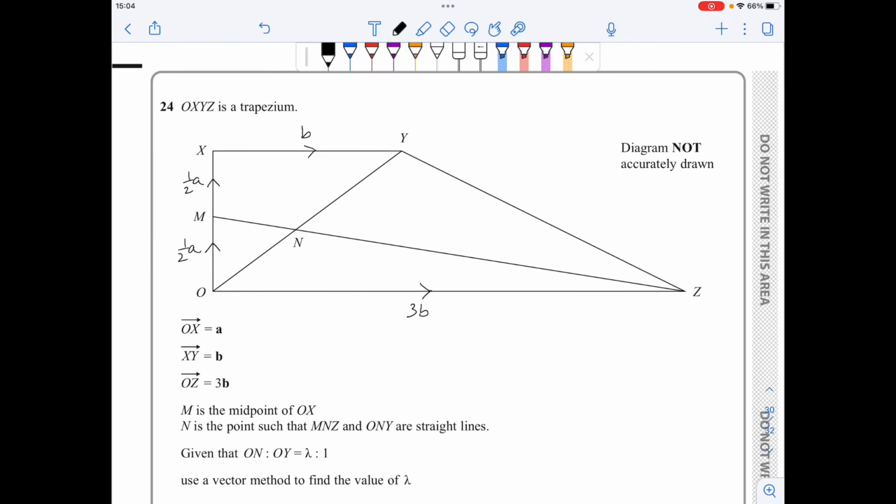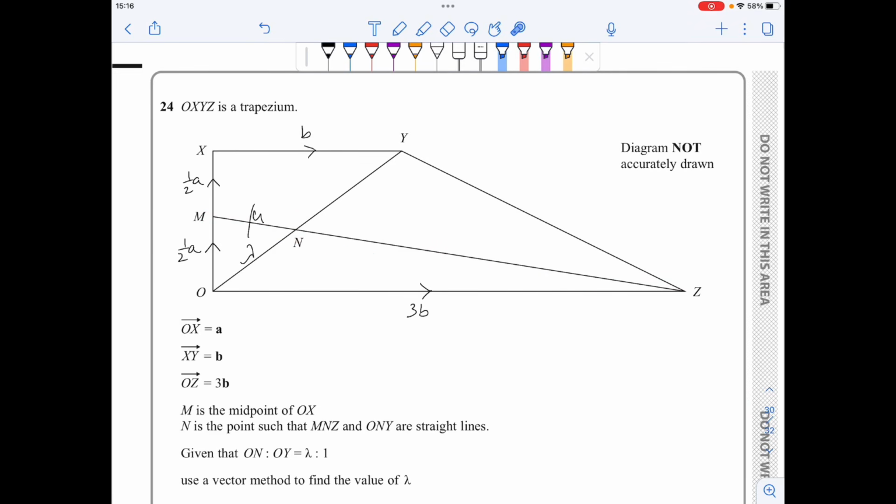I'm also given that ON to OY is lambda to 1. So this is like saying ON is a fraction lambda of the whole line. And I will assume that MN is a fraction mu of the whole line MZ.